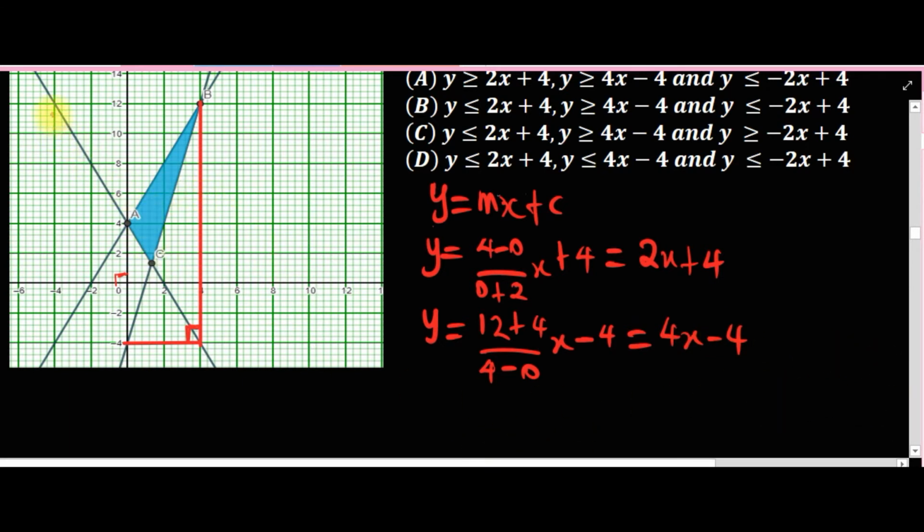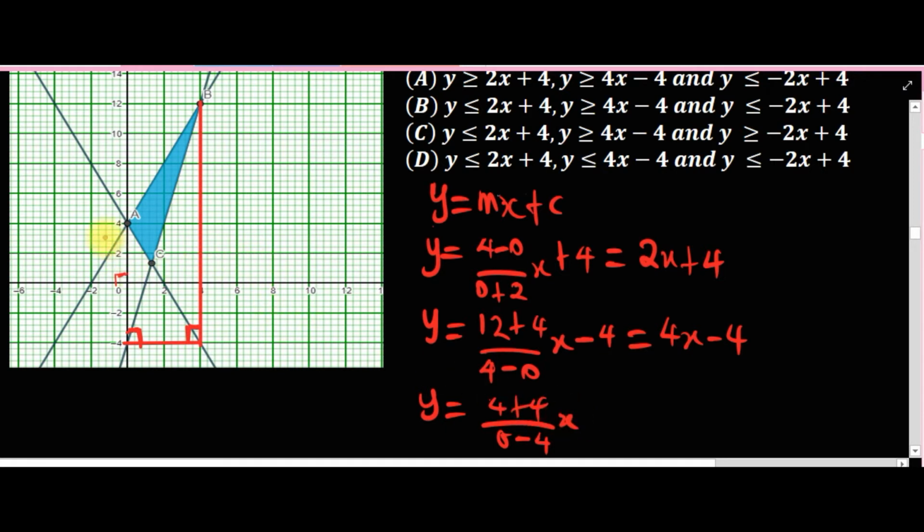The last equation is this line. Again, as you can see, I have a right angle triangle. The change in y is 4 minus 4, I mean minus 4 plus 4 over the change in x, 0 minus 4.